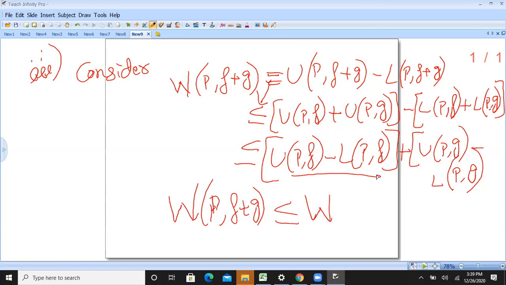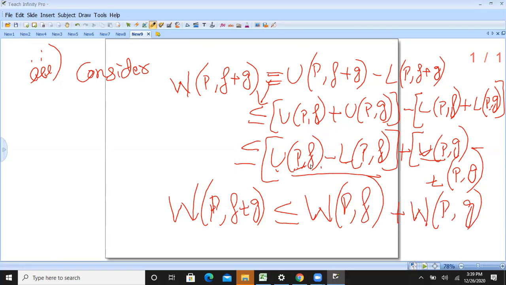This U(P, f) minus L(P, f), we say is W(P, f). As usual there is a U and an L, so for that we take W(P, g). Here P appears on both sides, for f and for g, so we consider this as W(P, g).